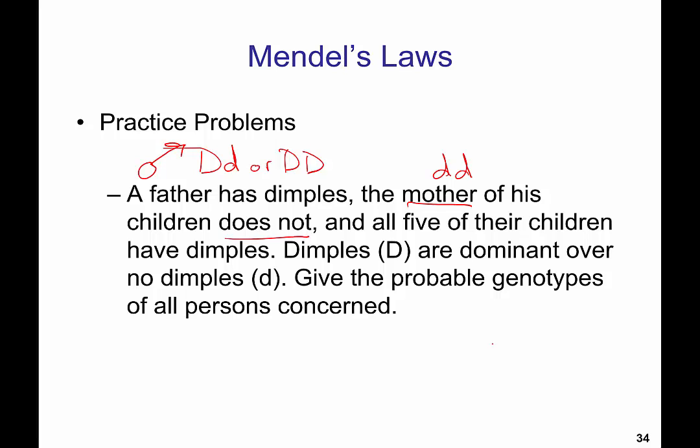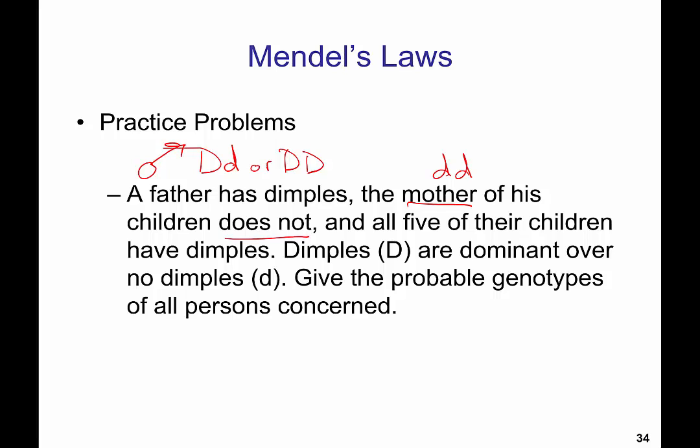The children, this is very similar to a test cross because this is giving you the results of a cross, right? We don't know for certain whether the father is heterozygous or homozygous dominant. But having 5 children who all have dimples gives us a pretty big clue. Because the children, in order to have dimples, theoretically could have either heterozygous or homozygous dominant genotypes.